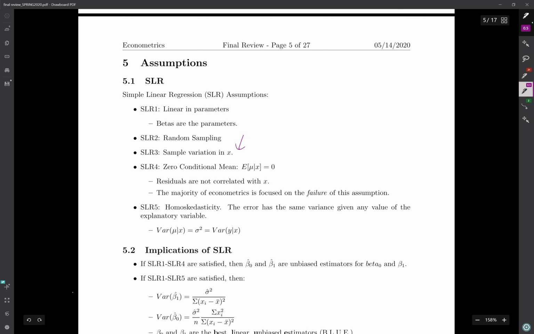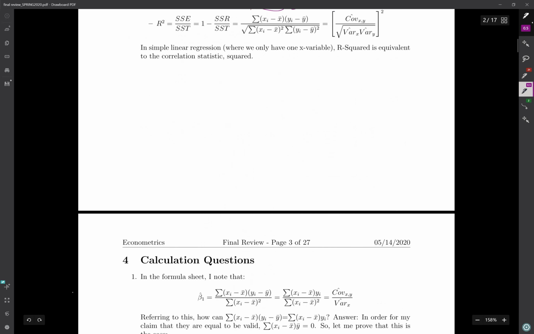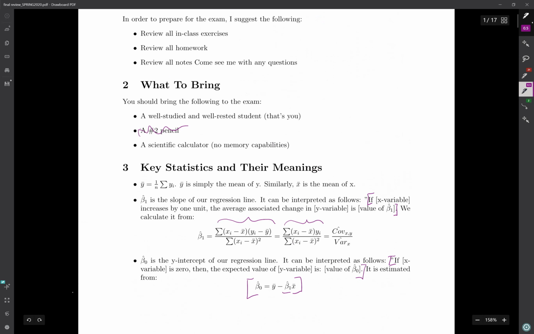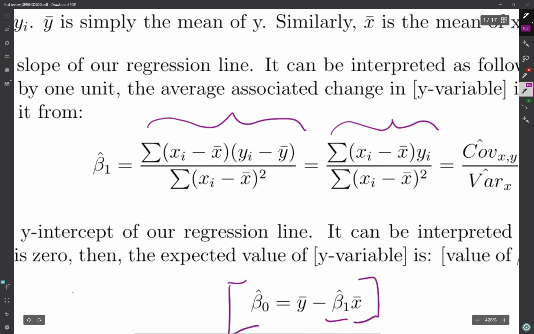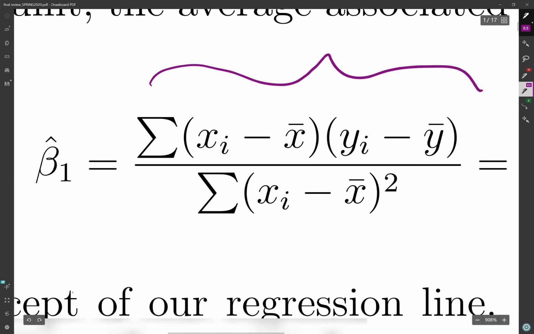We need to have random variation in X. So if we go back up here and we see that if we did not have random variation in X, well, that would mean all these xi's are the same. And if all those xi's are the same, then their mean is going to be the same.